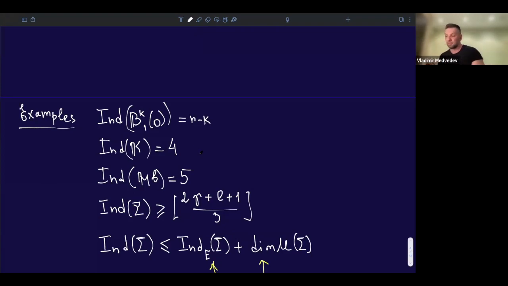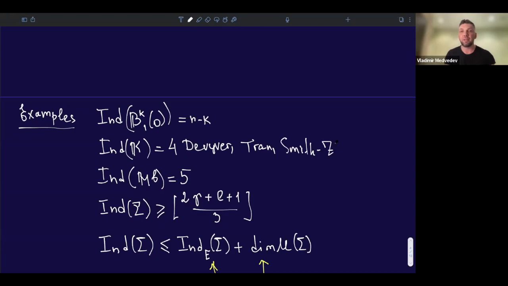This fact was proved by many authors: Devyver, Tran, Smith and Zhou, and myself. I just thought that 3 proofs is not enough, and one needs to find another one. And the index of the critical Mobius band is 5, which was proven by myself.